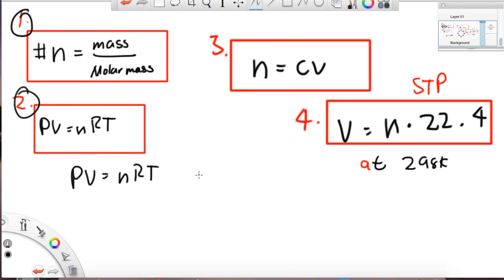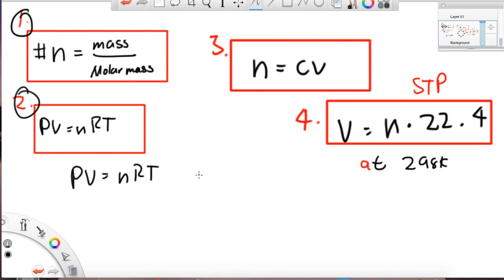Also keep in mind that they might ask you a before and after question. So for example, I give you a question that says if I have a gas at a certain pressure and a volume, and I increase the pressure to be 2 times more than the pressure was before, what would be the new temperature?